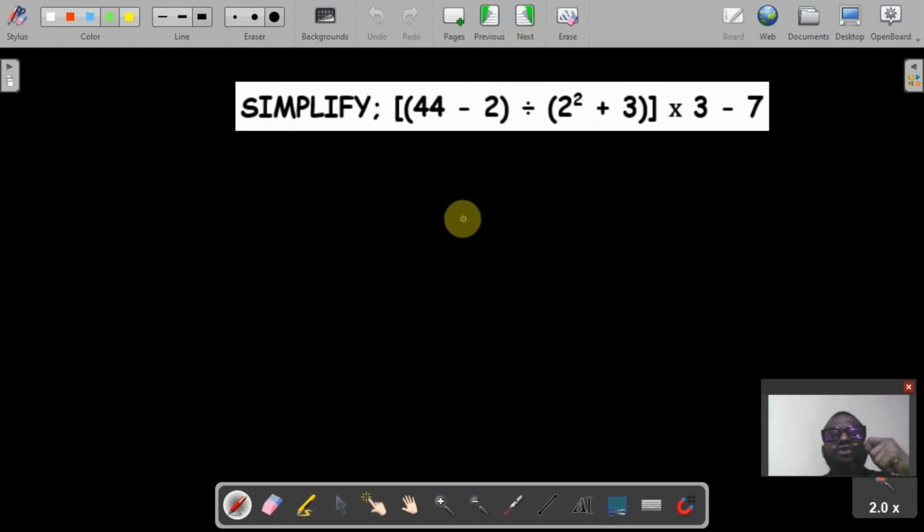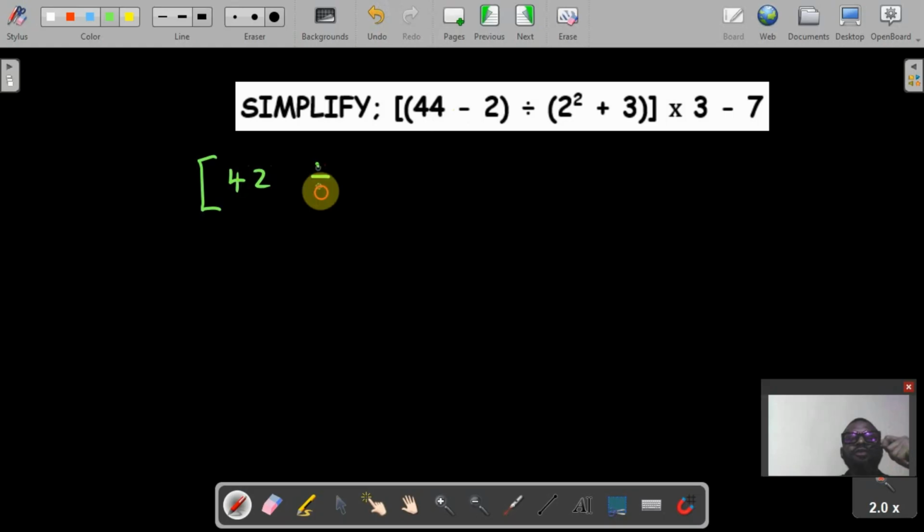Now let's look at another question. I have this question. Same, we have triple brackets here. We have two brackets inside the bigger bracket. So we are going to handle the bracket inside. So this will give me, I have here 44 minus 2 will give me, okay, I will handle this first of all. 44 minus 2 will give me 42.